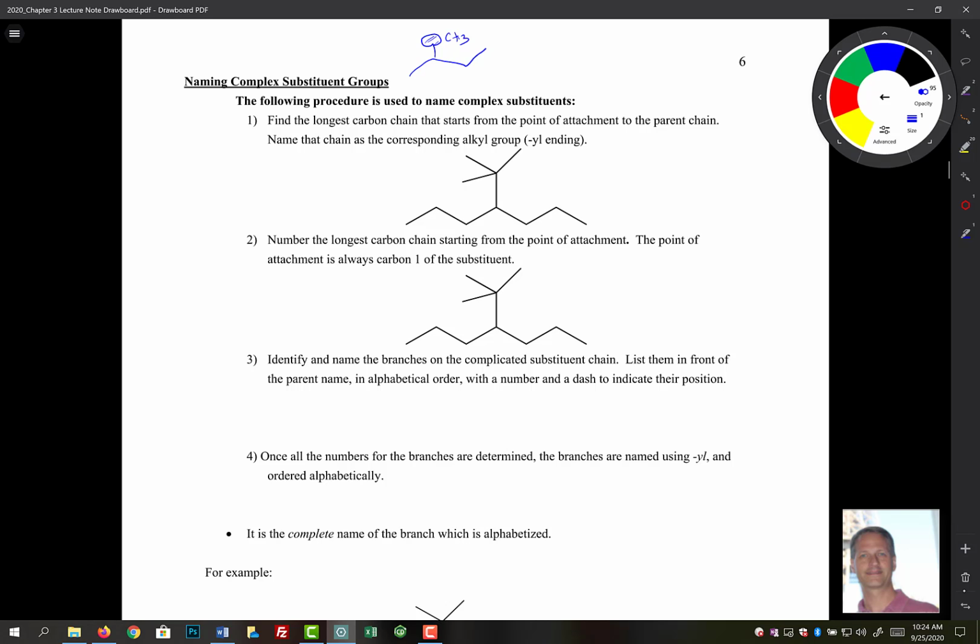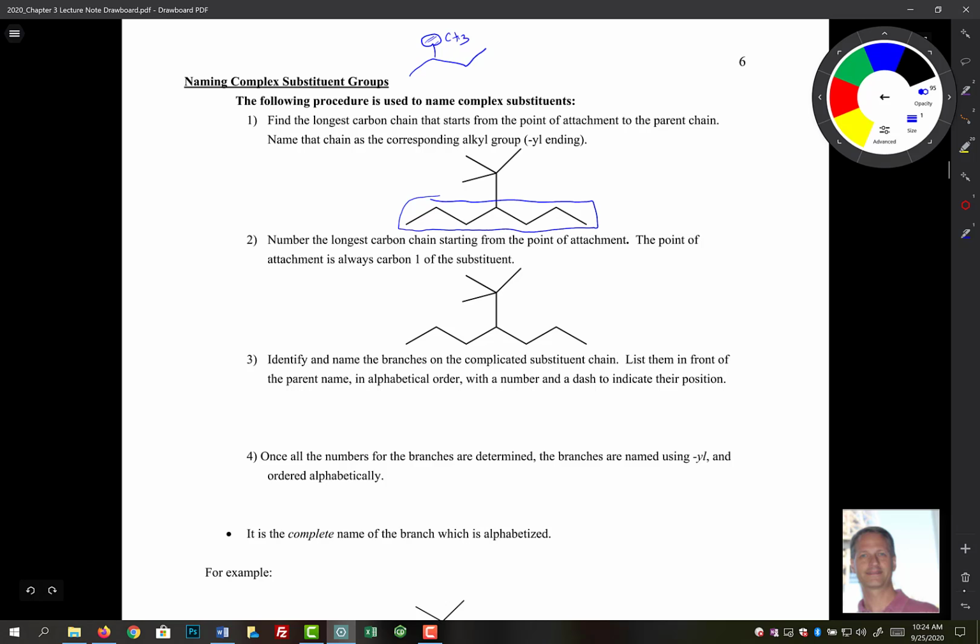It's fairly straightforward, but it requires a little bit of an adjustment phase to incorporate this into your knowledge. So step one is what we've seen all along: find the longest carbon chain that starts from the point of attachment to the parent chain. Who is our parent? This is our parent.